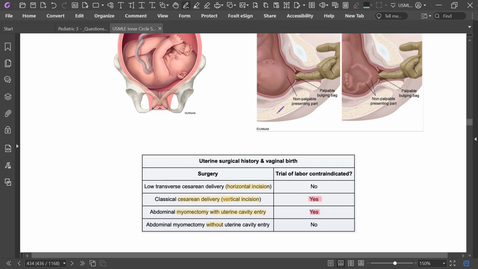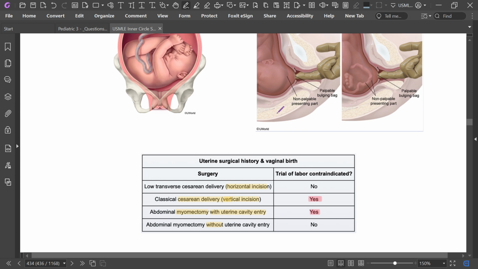Low transverse cesarean delivery, horizontal incision: trial of labor contraindicated? No. Classic cesarean section, vertical incision: trial of labor contraindicated? Yes.